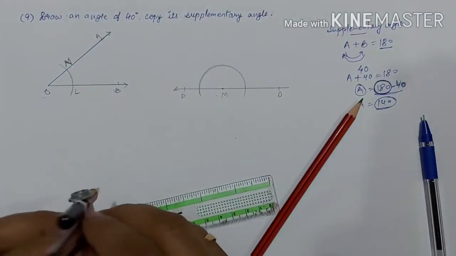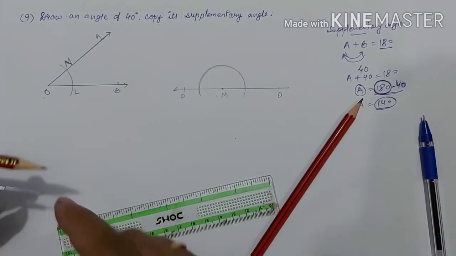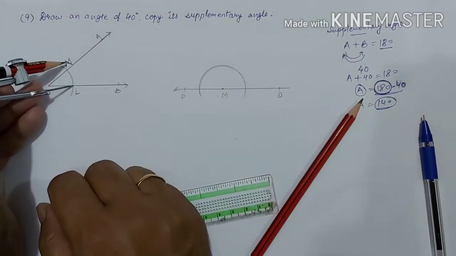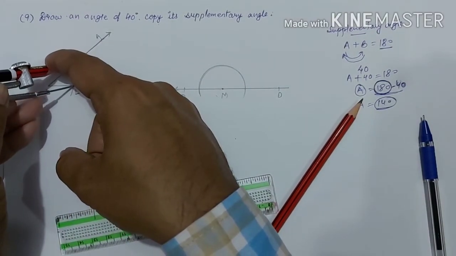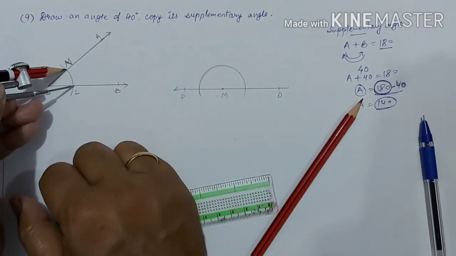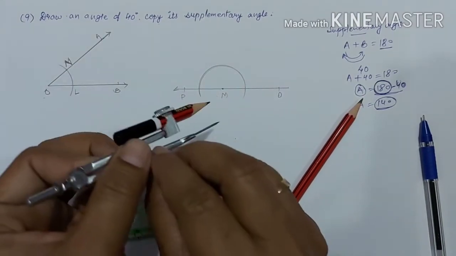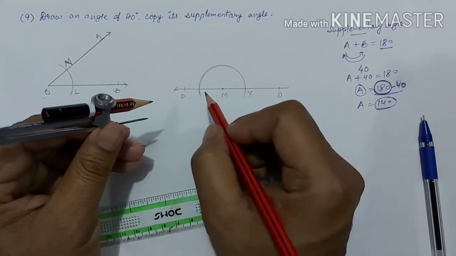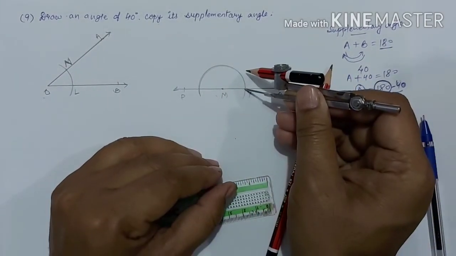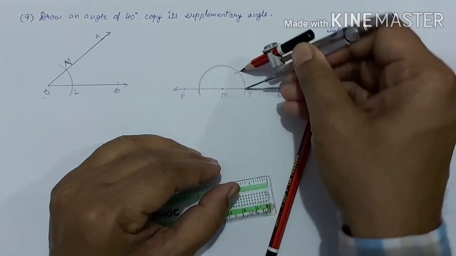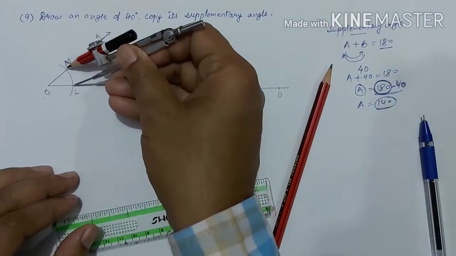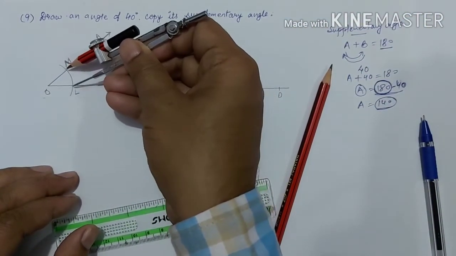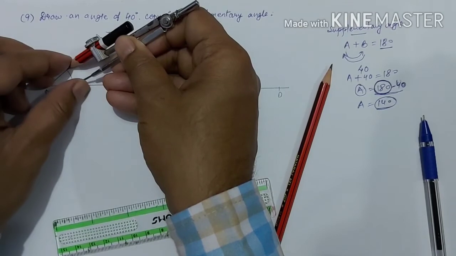Second, measure the distance from L to M with the compass.